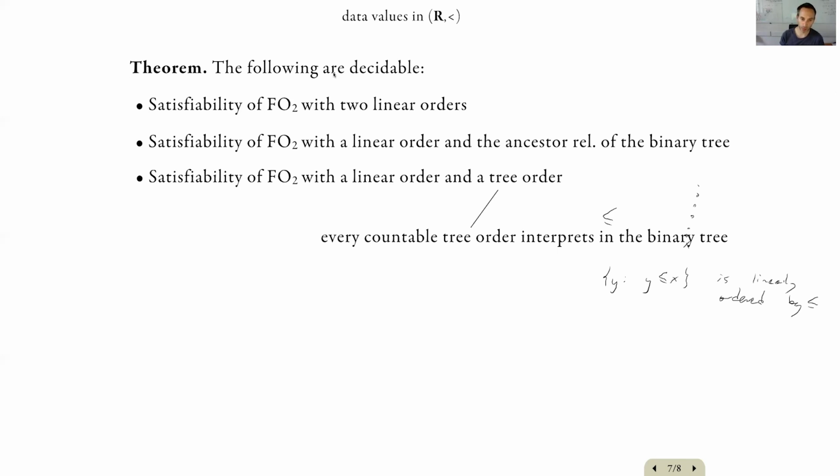So with this fact, which requires some proof, the two-variable logic with one linear order and one tree order has decidable satisfiability. Now we're talking about general satisfiability, and the way we solve it is by considering countable satisfiability, which is equivalent to general satisfiability.